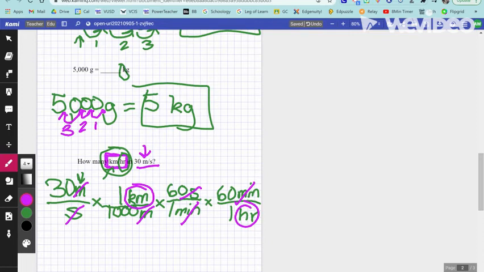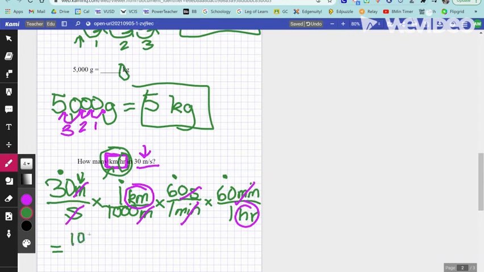So when I go to calculate this, what I do is I multiply everything along the top. So 30 times 1 times 60 times 60. Okay, so you can get out your calculator, and in your calculator, you go 30 times 1 times 60 times 60.